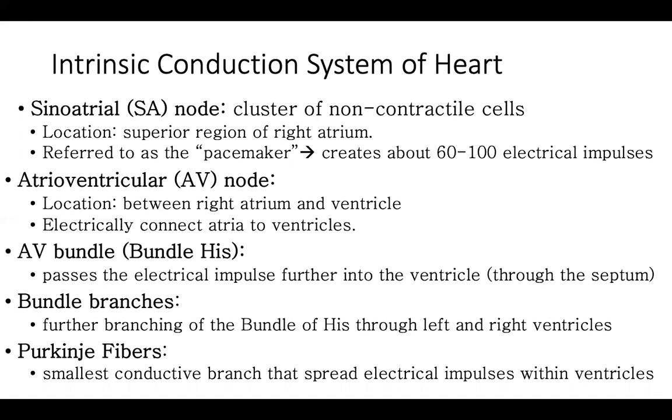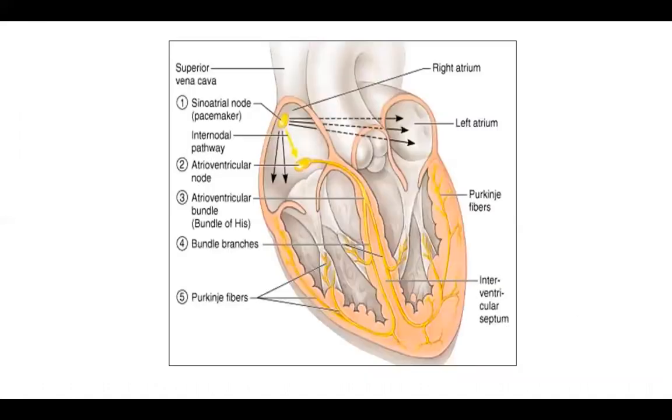Now, what are these intrinsic conduction structures? The first one that initiates the electrical impulse in your heart is called the sinoatrial node, or SA node, which is a cluster of non-contractile cells located at the superior part of the right atrium. So you can see it right here.